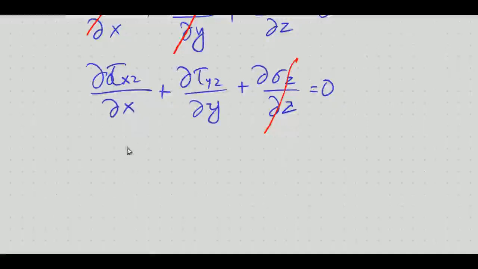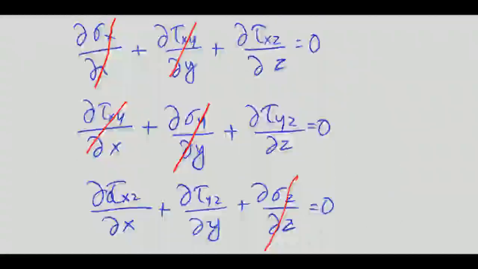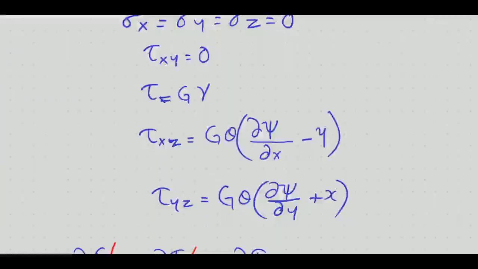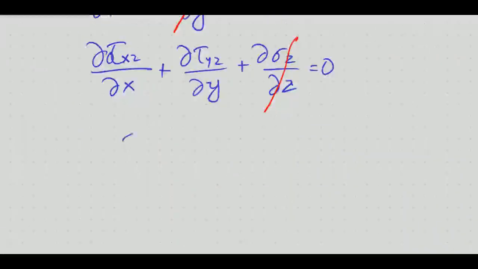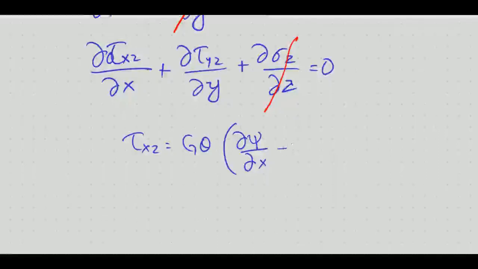We have τxz equal to G θ into (∂ψ/∂x minus y).